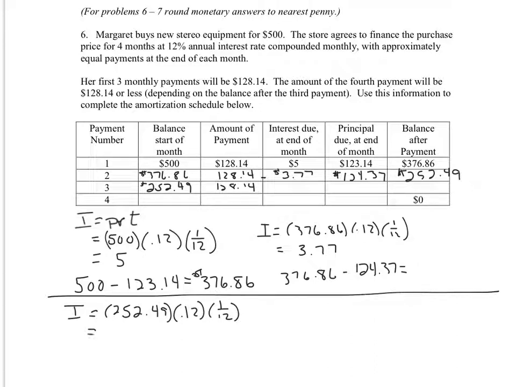That's going to calculate to be $2.52. Now notice each month the amount that's going toward interest is going down. That's not accidental. If I've got a lesser amount that I am paying interest on, I'm going to be paying less in interest.